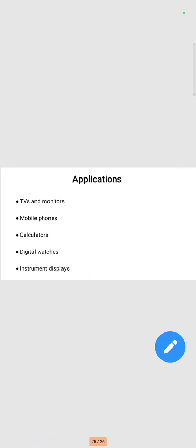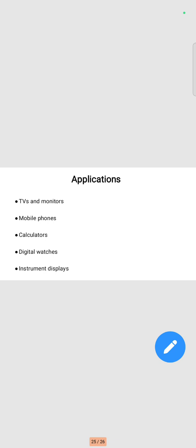Some disadvantages are also in LCD: limited viewing angles, especially TN. It needs a backlight, has slower response than OLED, and limited contrast compared to OLED. Applications: TVs, monitors, mobile phones, calculators, digital watches, instrument displays.